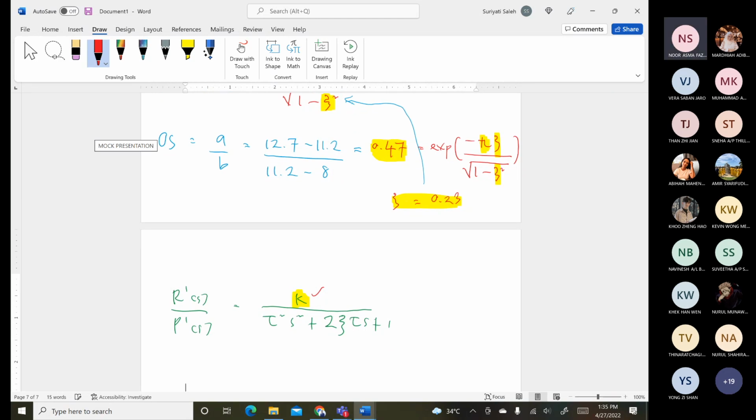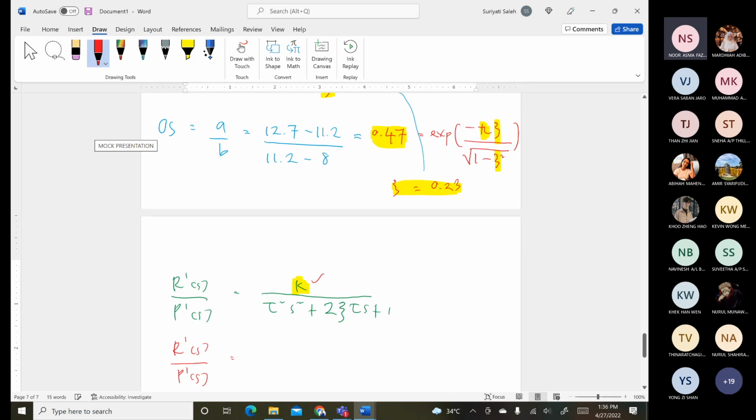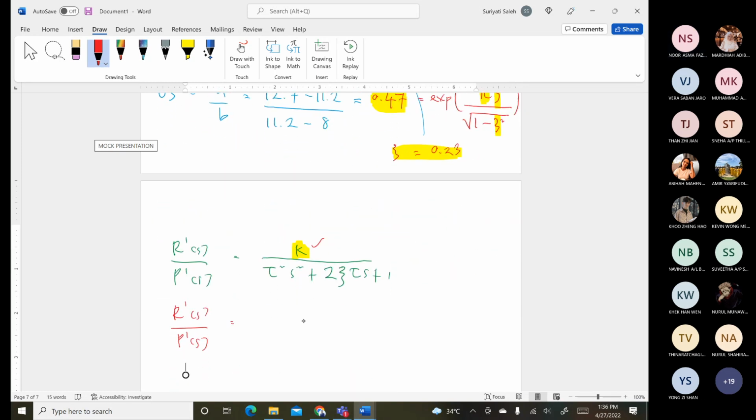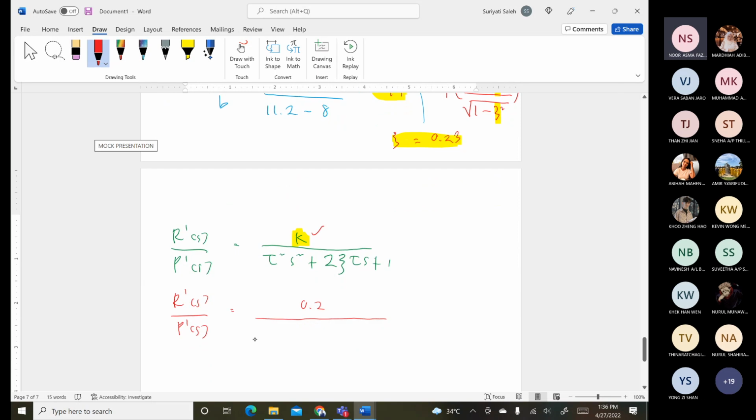C prime(s) over R prime(s) equals K, which is 0.2, over tau 0.36 squared s squared plus 2 times psi 0.23 times 0.36 s plus 1. So this is the solution for question 4.14.